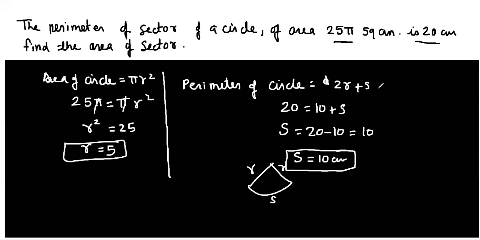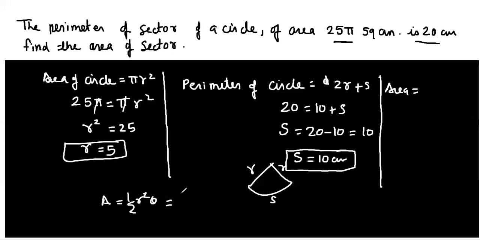Now I need to find the area of the sector. For the area of the sector you will need theta, but we don't know theta. So let me tell you, area is equal to half r square theta.